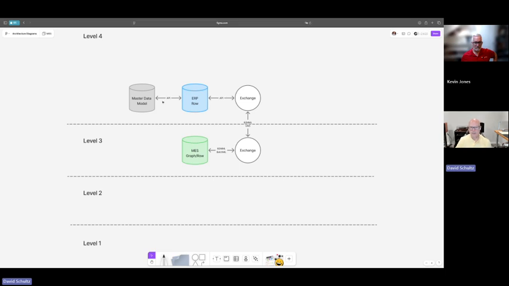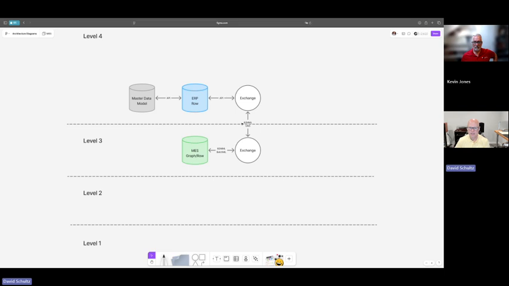The way that you're going to exchange this information is through something called B2MML. Now, the business to manufacturing markup language was developed a number of years ago. It does use XML, which was not as easy for other systems to use. It's now been refactored so that it does have JSON data structures with it, so it's much easier to integrate and exchange information using something like HTTP requests.